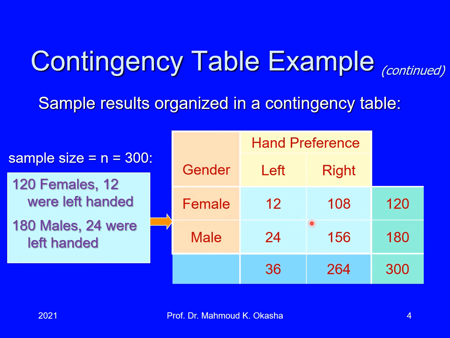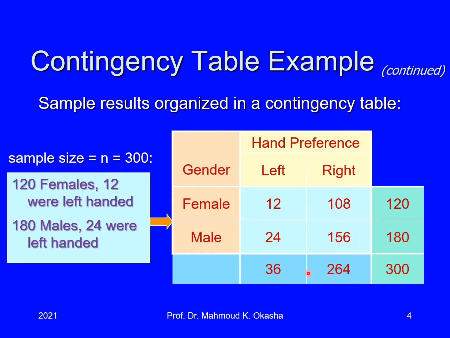So the summation of the rows: the first row is 120 and the second row is 180. And the column sums are 36, the sum of two values here, and 264 for the other column.